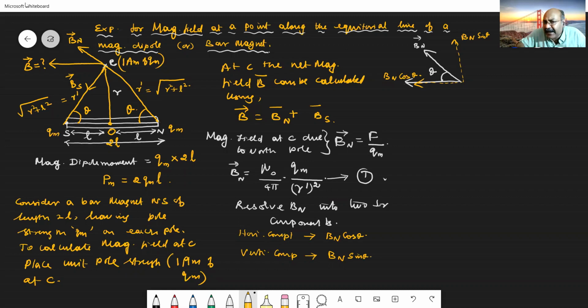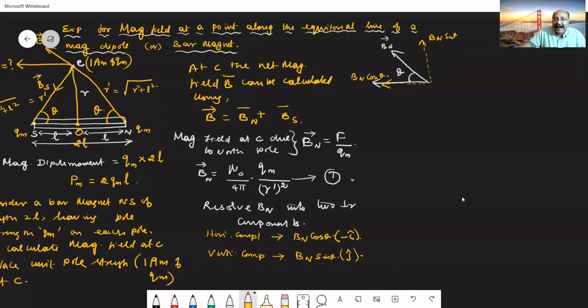You see, Bn cos theta is acting along the x-axis in the negative direction, so here I am writing minus i cap. Bn sin theta is acting along the y-axis in the positive direction, so I can write it as j cap. Hope you have understood.